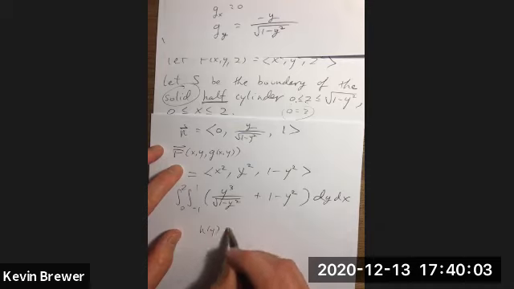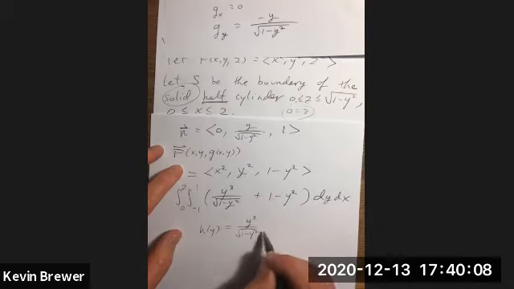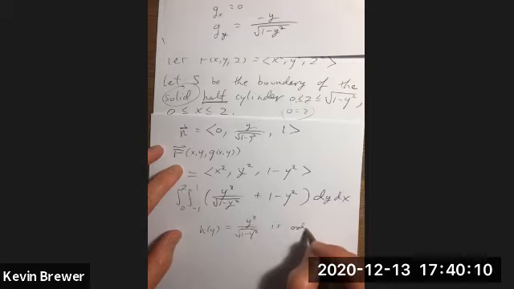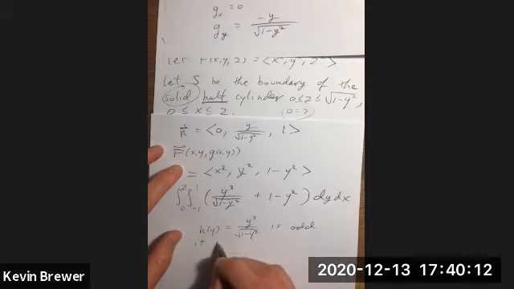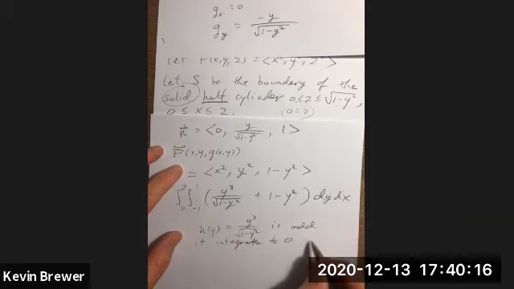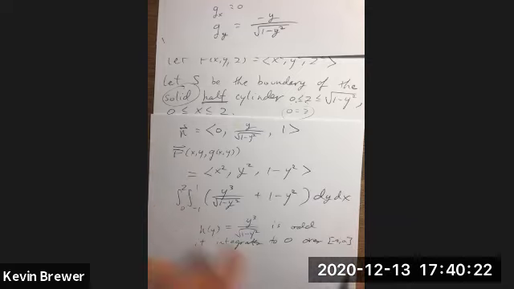So h of y equal to y cubed over square root of 1 minus y squared is odd. It integrates to 0 over any interval from minus a to a, as long as it's defined there.